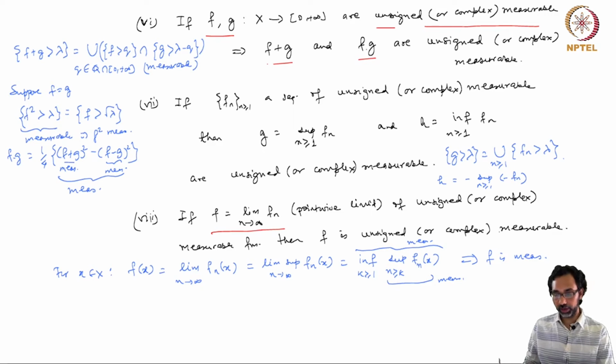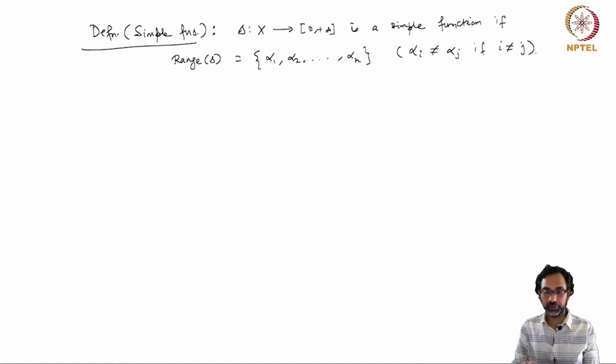So we see that we can deduce many properties from the basic properties of measurability. Now let me define simple functions. A function s from X to the non-negative extended reals is called a simple function if the range of s takes on finitely many distinct values alpha 1, alpha 2, up to alpha n.